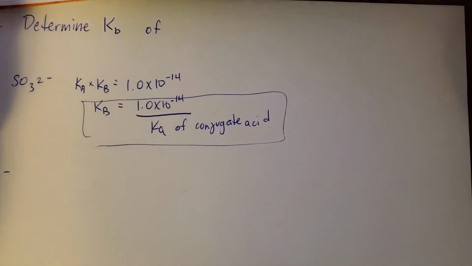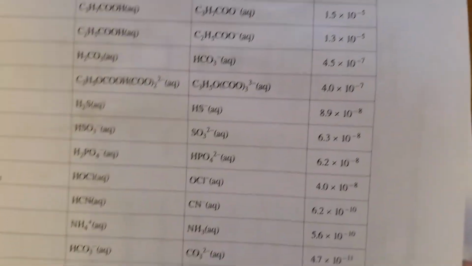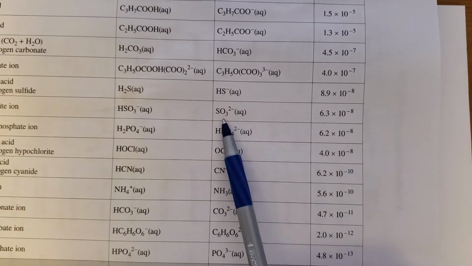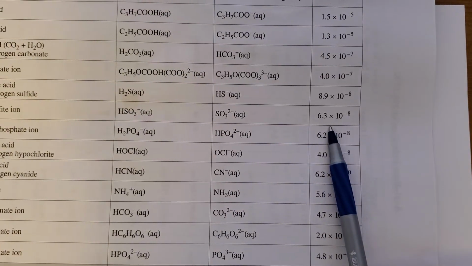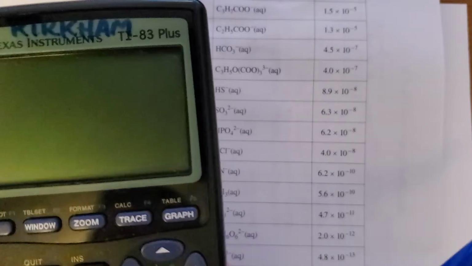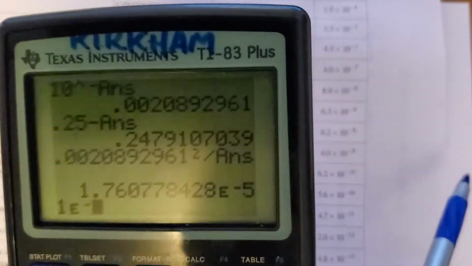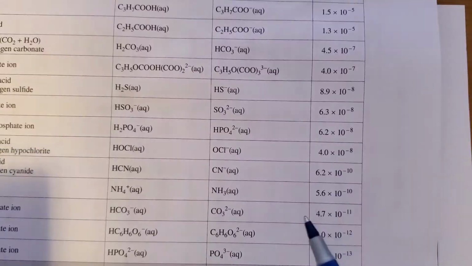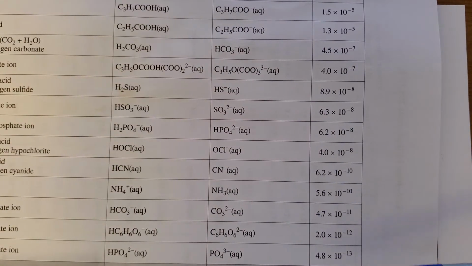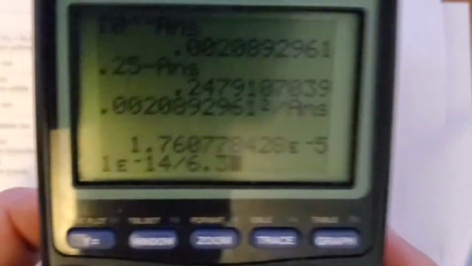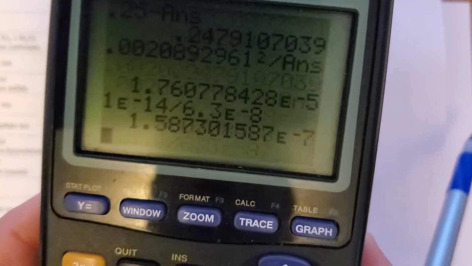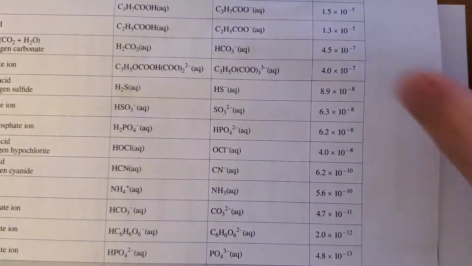So if we're finding Kb of SO3, there it is, there's Ka of the conjugate acid. So we just have to do 1 times 10 to the negative 14 divided by 6.3 times 10 to the negative 8. Beautiful. 1.59 times 10 to the negative 7.